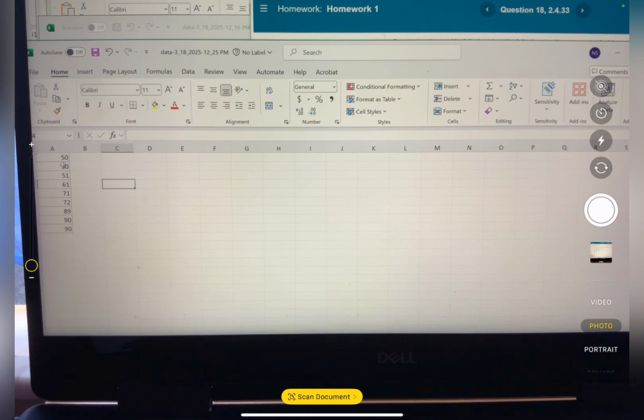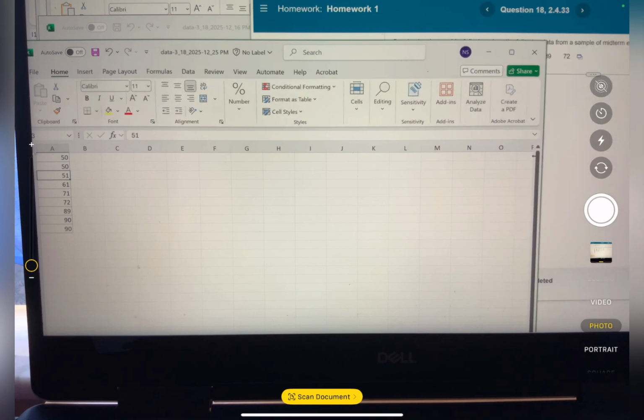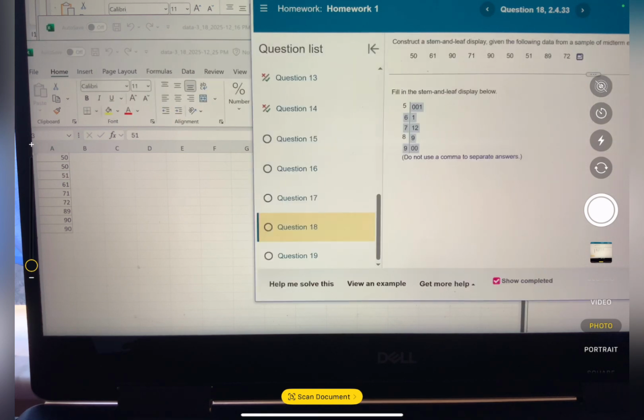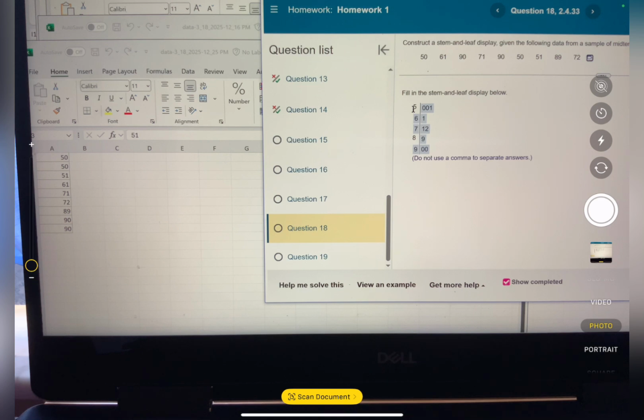So for 50, 5 is the stem, 0 is the leaf. For 51, 5 is the stem, 1 is the leaf. Because you have the same stem three times, you write 5, and then leaves 0, 0, 1.